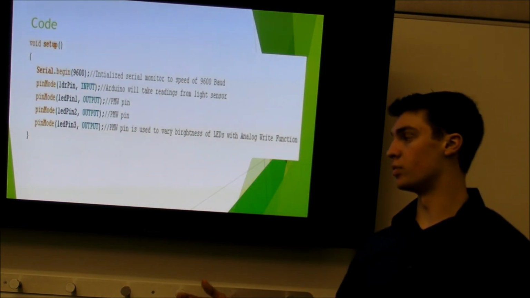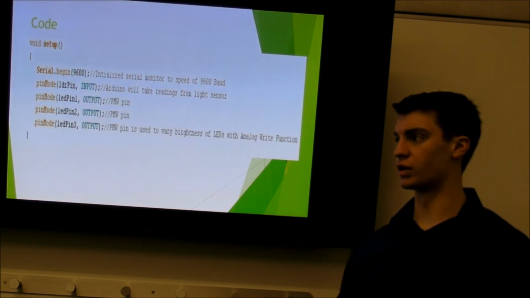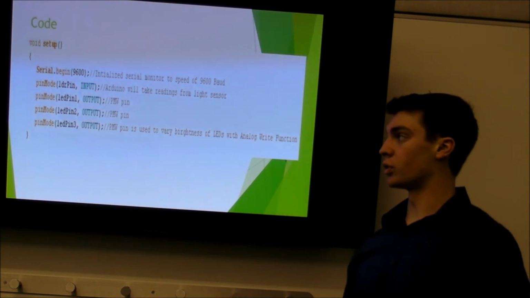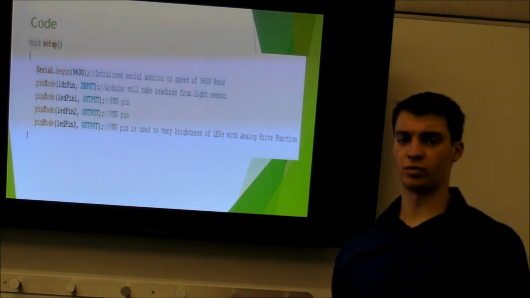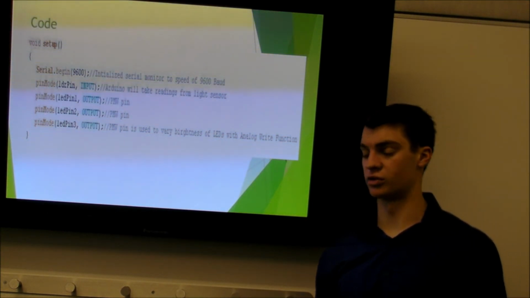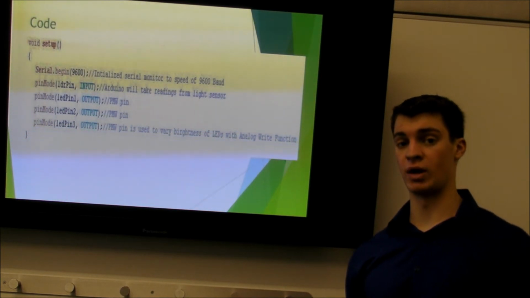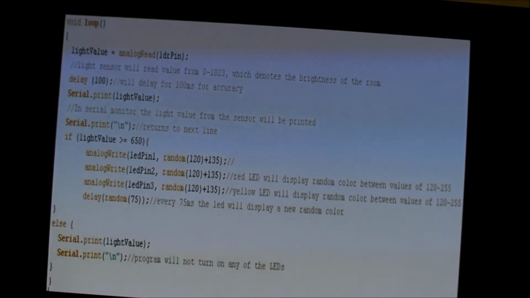They're the PWM pins used to vary the brightness of the LEDs, but the output depends on the input. That should make sense with the light sensor value, and we'll get more into that in the actual main part of the code, which is the loop, coming up next.